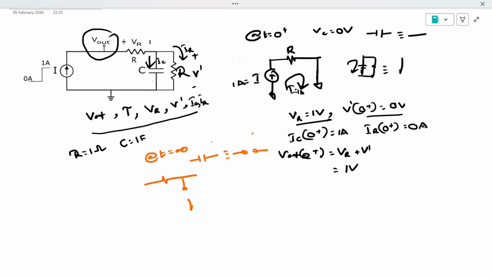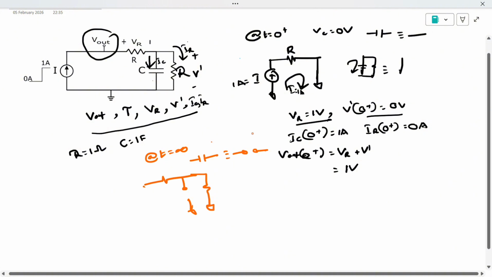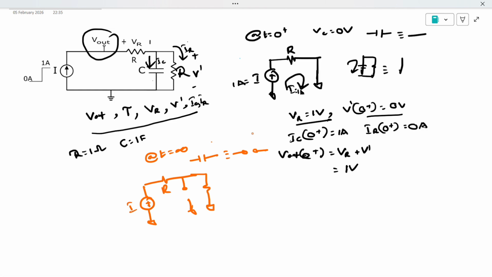This is open circuited, and this is the current of 1 ampere. So the complete 1 ampere current will now flow through this path. Since the capacitor is open circuited, it is offering high resistance, so there will be no current flowing through it. That also means it is completely charged.